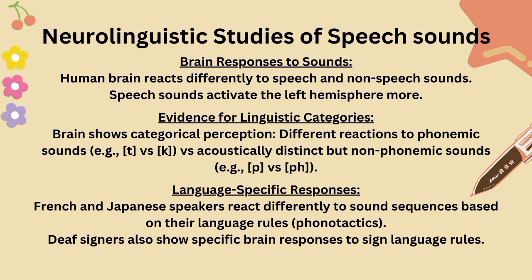The next one is evidence for linguistic categories. The brain shows categorical perception, with a different reaction to phonemic sounds like t versus k than to acoustically distinct but non-phonemic sounds like p versus f. The study shows that our brain can tell apart different types of sounds.